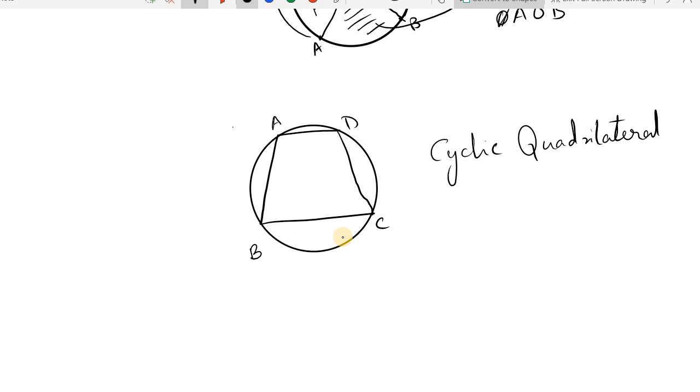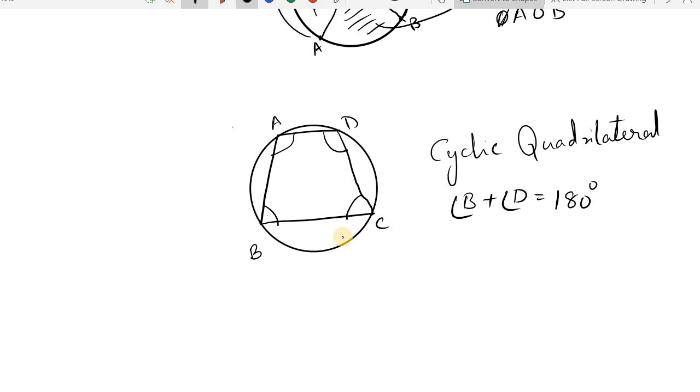Now, what is the interesting property of a cyclic quadrilateral? If I were to take opposite angles, the sum of the opposite angles, that is angle B plus angle D, this would be 180 degrees. That is, the sum of the opposite angles are supplementary.